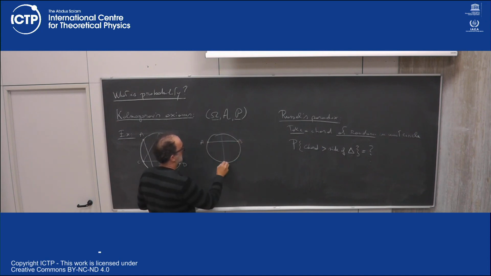Then if you draw the vertical diameter here, you can find that if these points fall in the middle part of the diameter, then the chord will be larger than the side of the inscribed triangle.